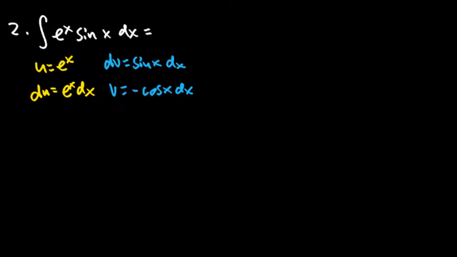Okay, uv, and then that negative I'll just put in front, minus the integral of v du. So that minus is going to turn into a plus because of the cosine.